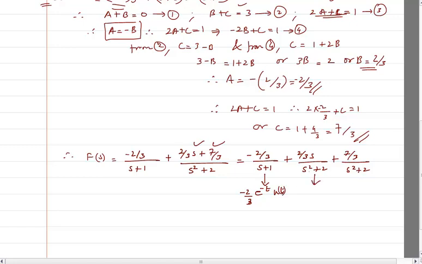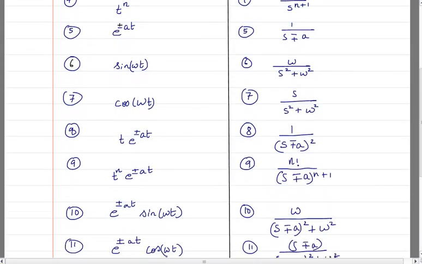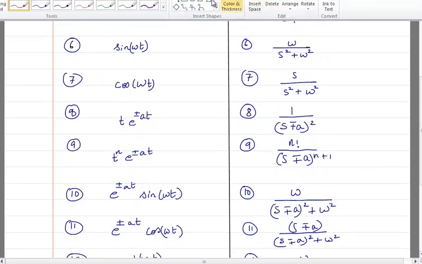Now what about this one? I am having s square plus 2 in the denominator, but there is no s in the numerator, isn't it? So I have to take care of that. For that I will look at the chart. So where is s square? Yeah, so here I am having two cases.